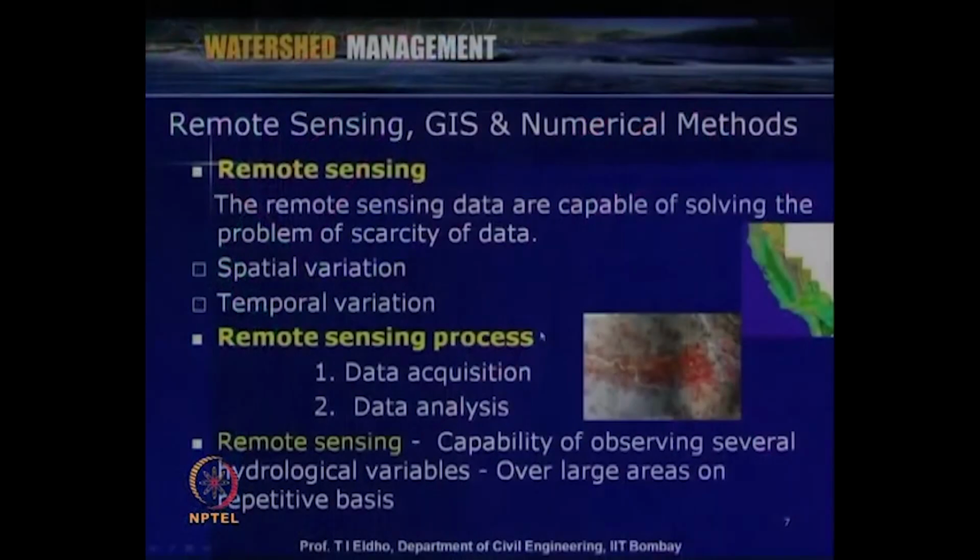As we have seen earlier, remote sensing has mainly two parts. The first one is data acquisition. Data acquisition is done through satellites or other media like aeroplanes or other systems, and then this data is obtained in a data center. For example, the National Remote Sensing Center in India, located at Hyderabad, has all this data.